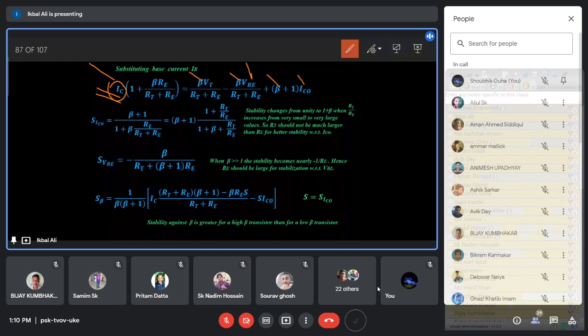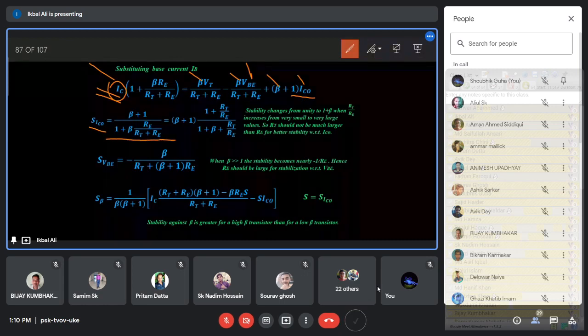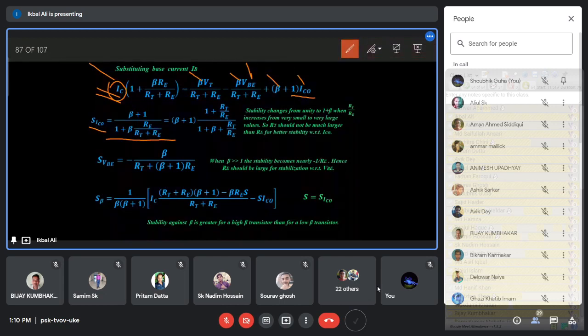Next, you have to simply differentiate this collector current equation with the three parameters. In case of SICO, you have to differentiate the whole equation with respect to ICO, maintaining beta and VB constant, then you will get this one. I'm not going into the detail of this derivation, but you can do it. So the SICO expression will be like this one or this one.